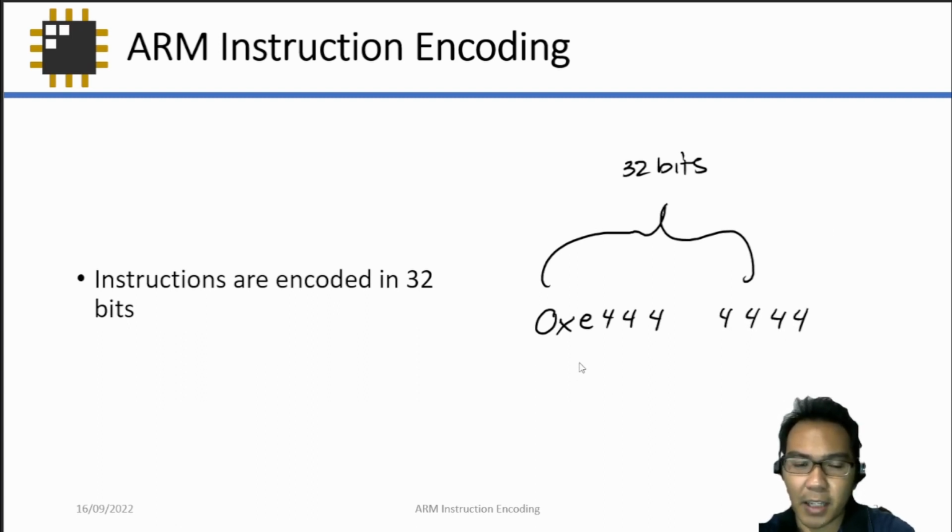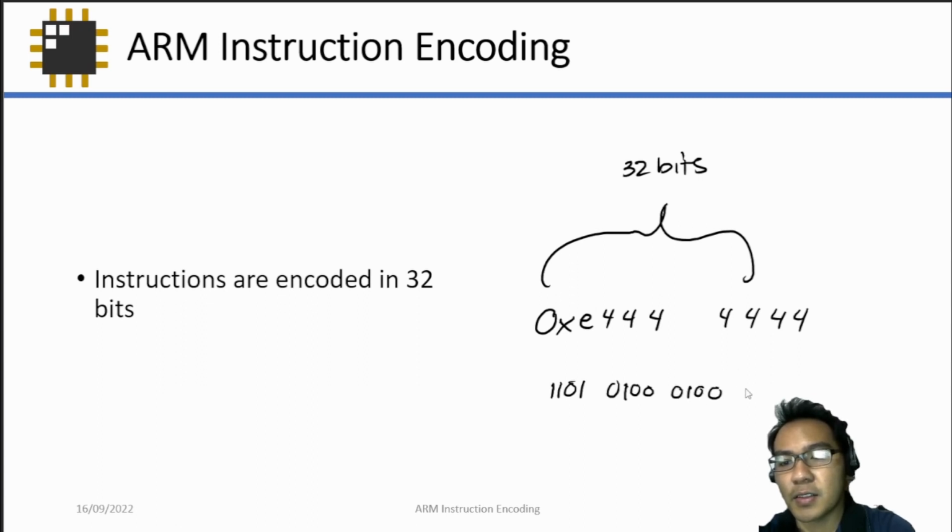So, for example, you have hex. Each character of this actually turns into 4 bits. Since you have these, you can turn it immediately into the binary representation.